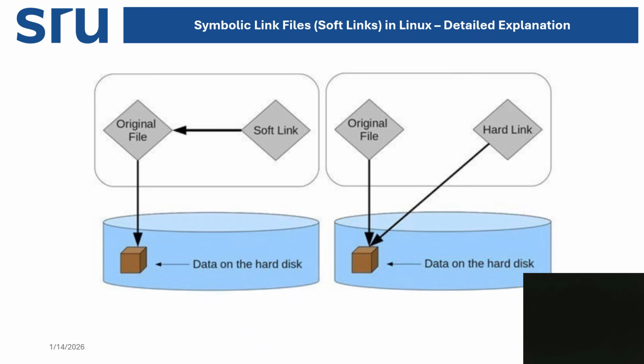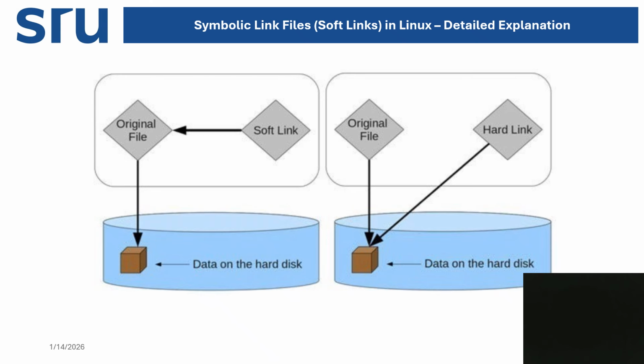Only the original file knows about the original data. The symbolic link blindly depends on the original file, so wherever the original file points to the data, that is known to the original file only, not to the soft link.